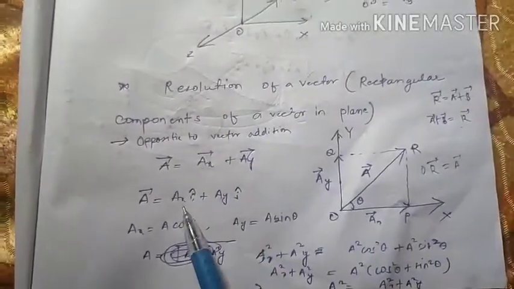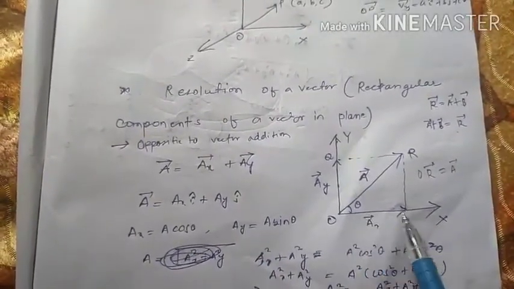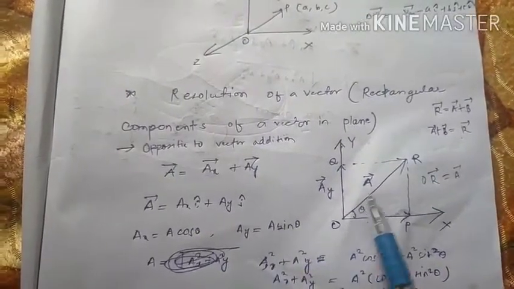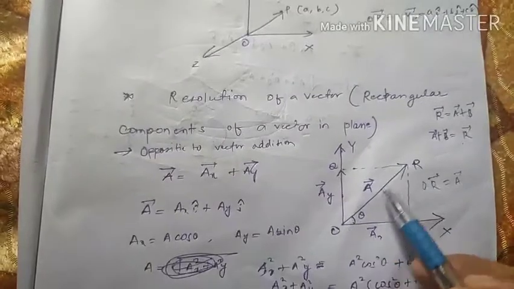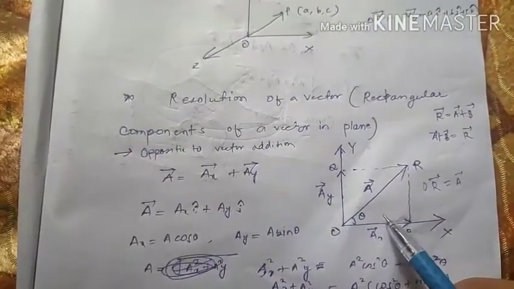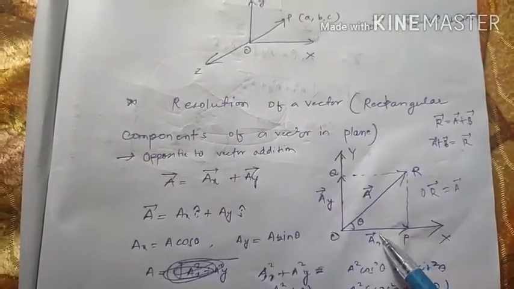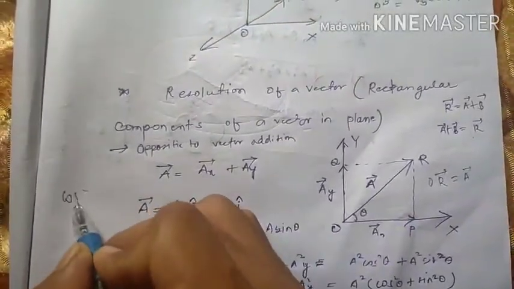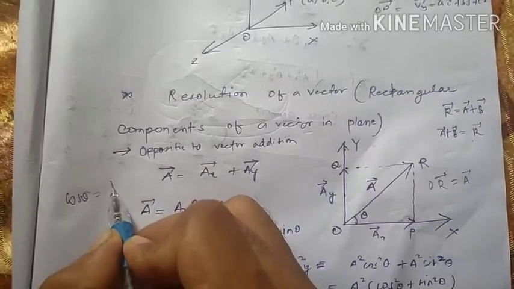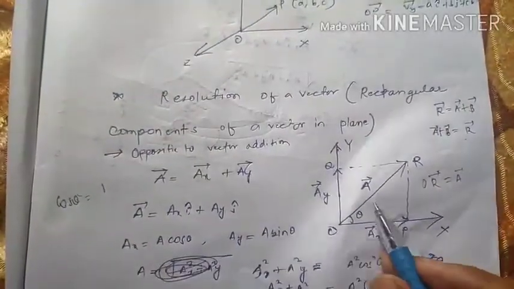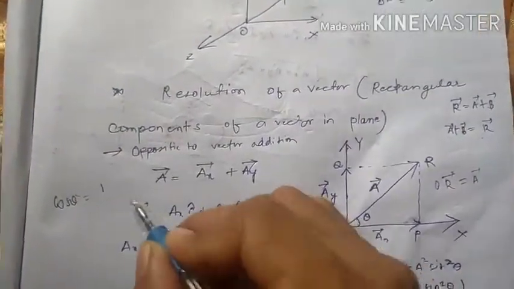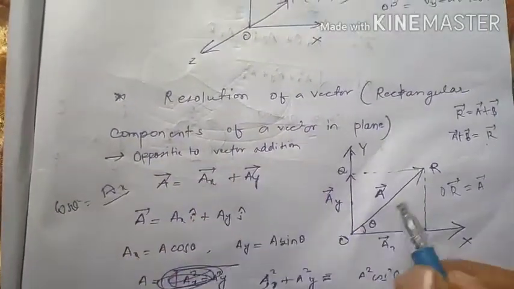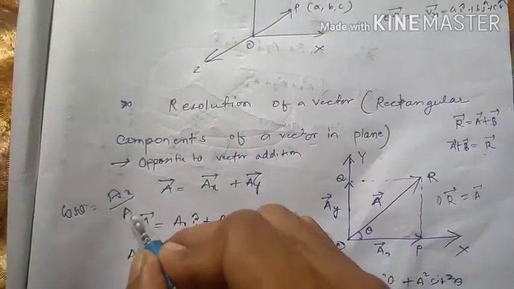From this figure we can see that ax equals a cos theta. If we use this triangle, cos theta equals base by hypotenuse, where the base is ax and the hypotenuse is a.